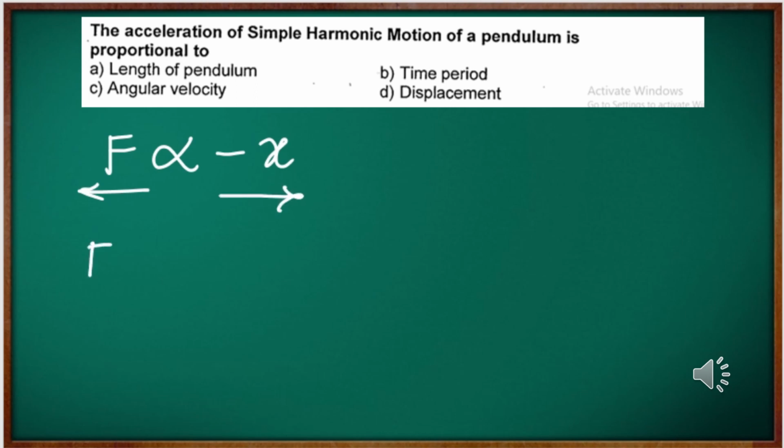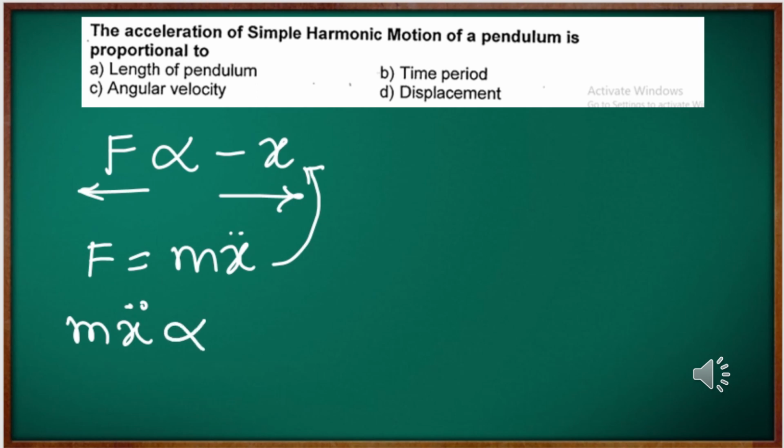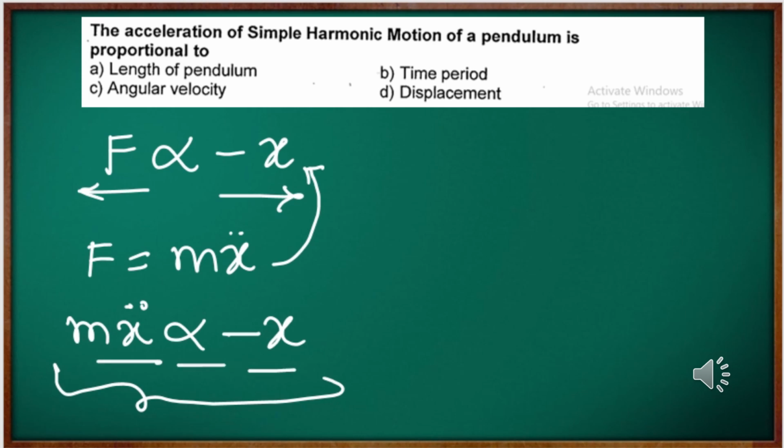We know force is equal to mass times acceleration. Substituting the same in the above equation yields mass times acceleration is directly proportional to the displacement. So for the above question, acceleration is directly proportional to displacement. Option D is the correct answer.